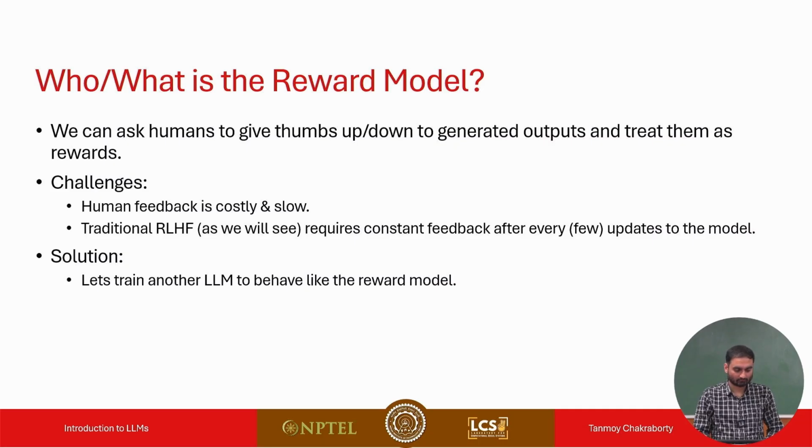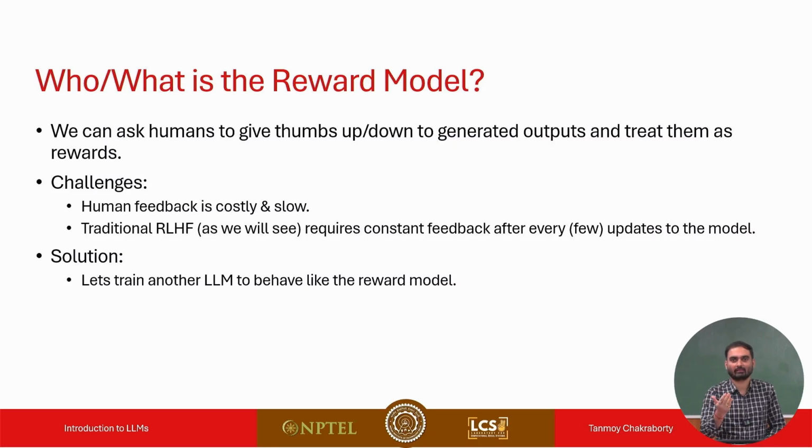So in the reward model, now think about it. An ideal reward model should be a human being, right? What is the intuition behind the reward model? The reward model essentially says that you should not do this, you should do this, you should not do this, right?